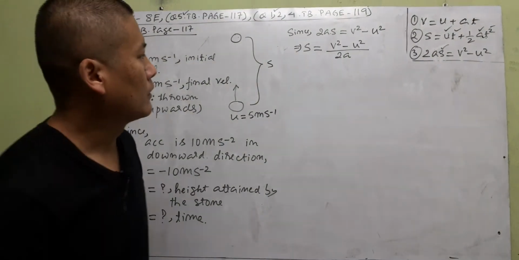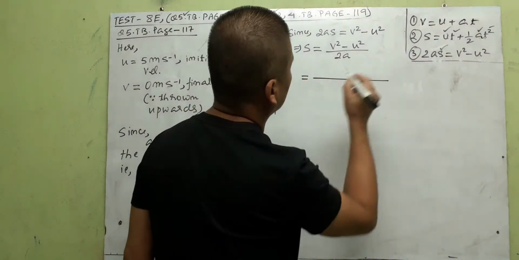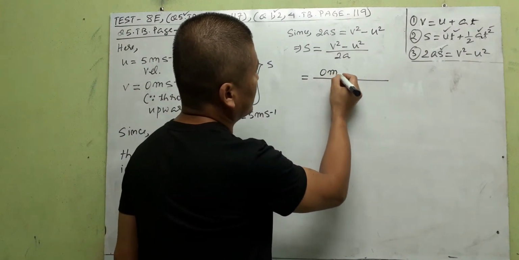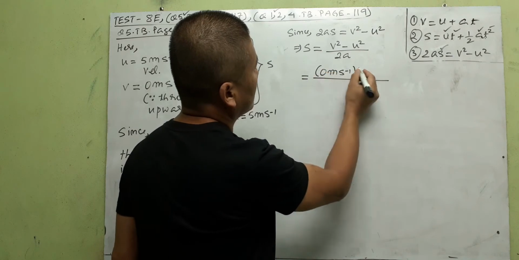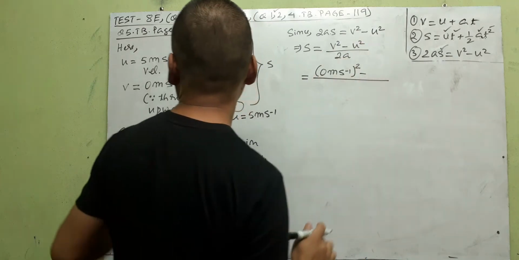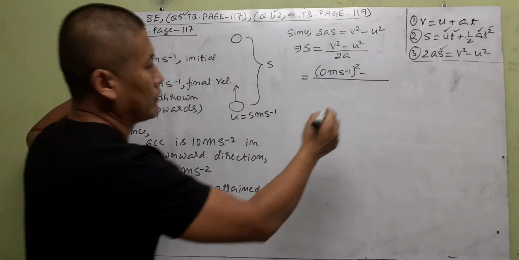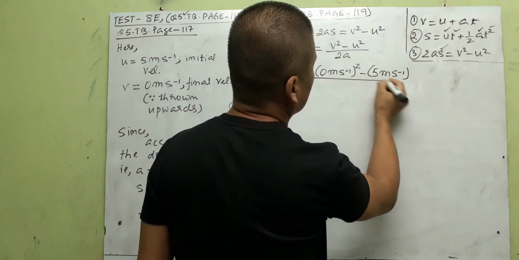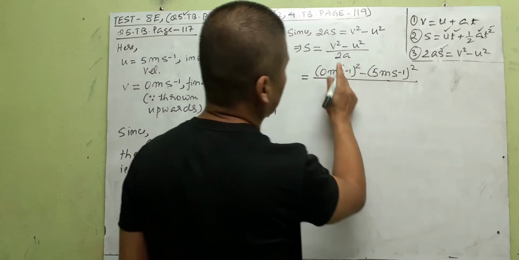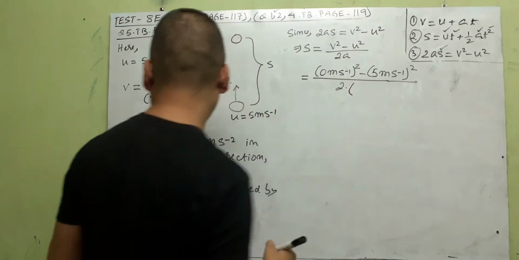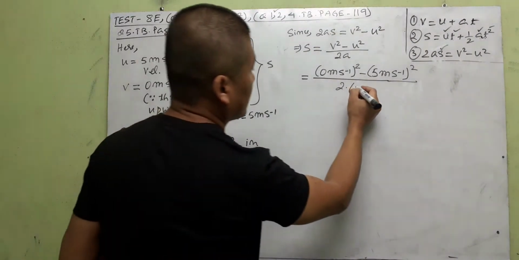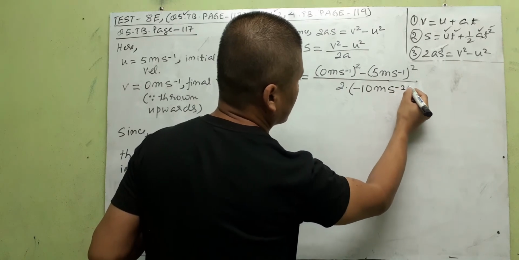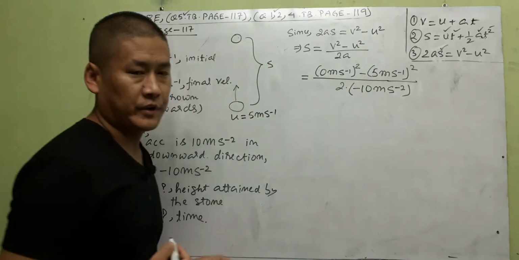So next here, that will be equal to: v here is 0, so we can write 0 meter per second, whole thing square, minus u here is 5, so 5 meter per second, and whole thing square, right? So here 2 into a here is minus 10 meter per second square, so we can write minus 10 meter per second square and close the bracket.